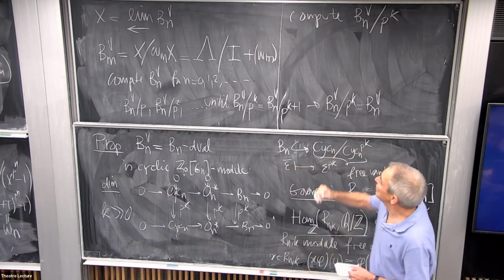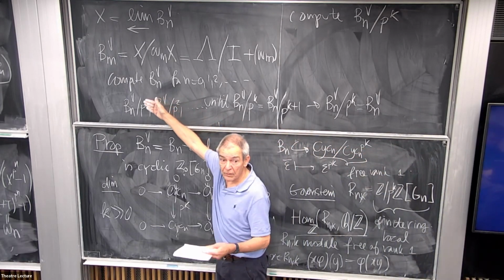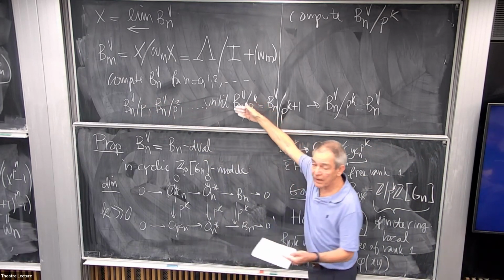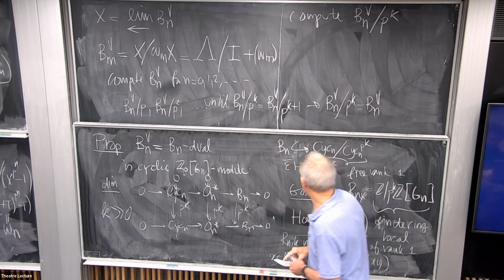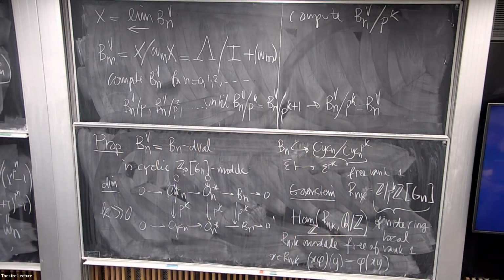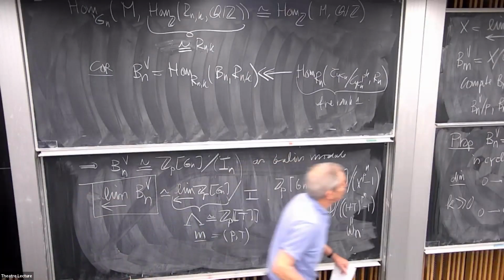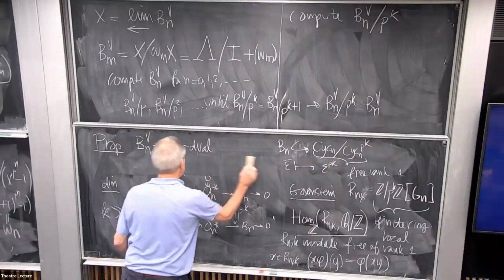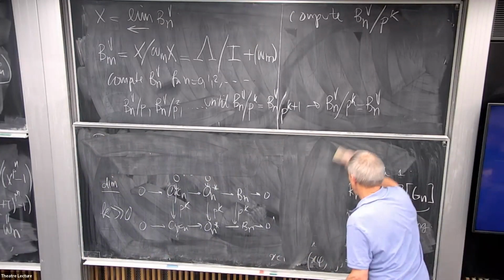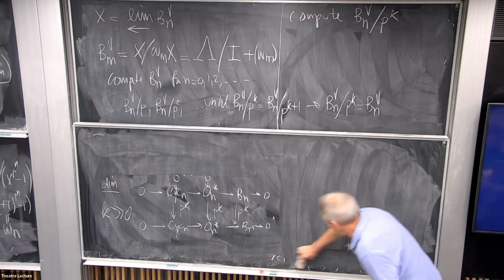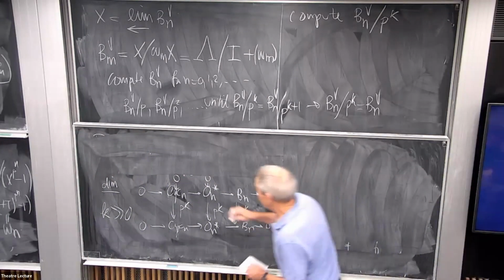After all, I will do this for, I don't know which p to the k kills Bn. I don't know. So I set it up in general. And now I can again apply the snake lemma, the same diagram.